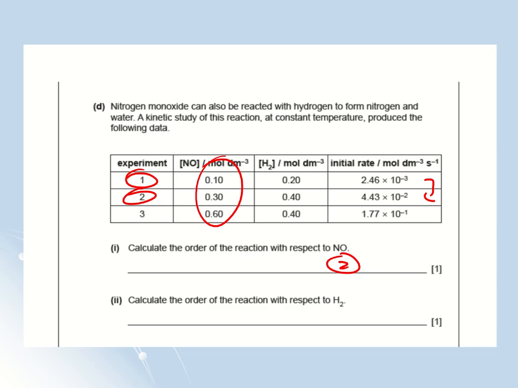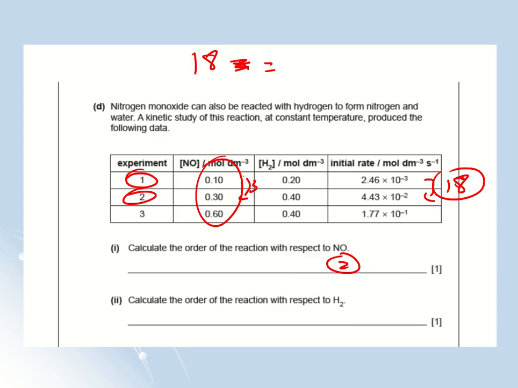Okay, so let's see, 4.43 times 10 to the minus 2 divided by 2.46 times 10 to the minus 3 gives me a change there of 18-fold. Okay, so my rate has changed by 18 equals my nitrogen monoxide has tripled from 1 to 2.